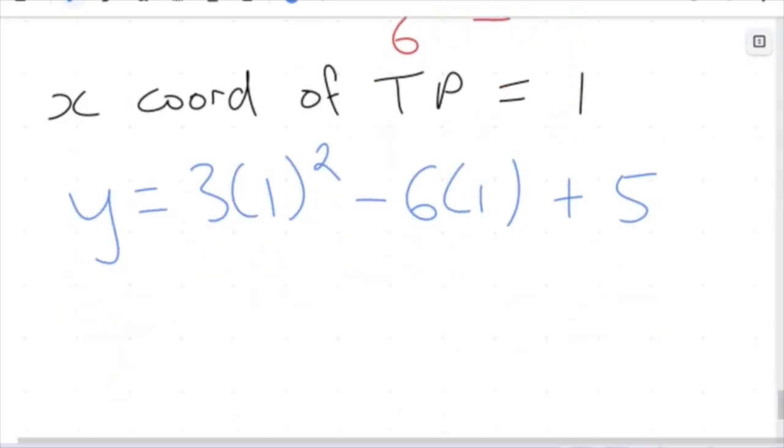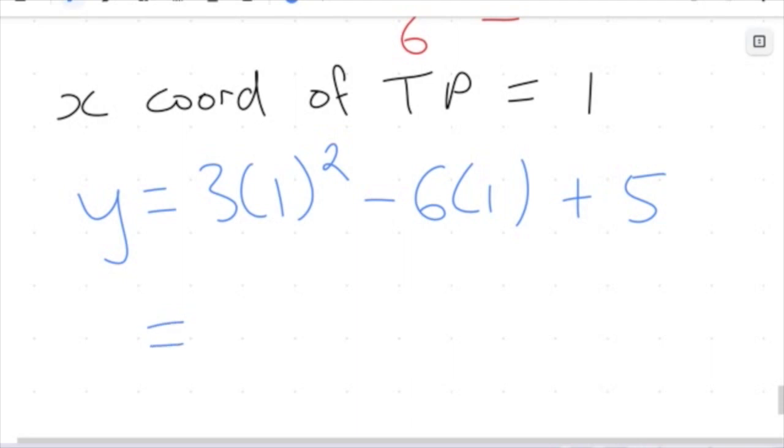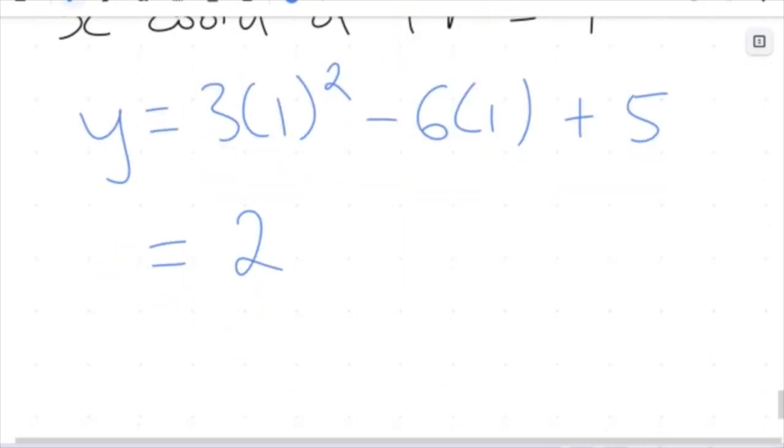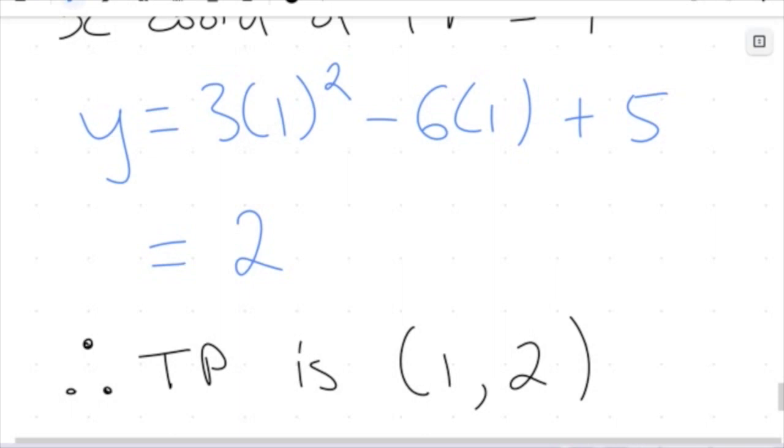And that is going to give me a y value of 2. So therefore, the coordinates of my turning point, TP, is (1, 2). 1 on the x-axis, 2 on the y-axis.